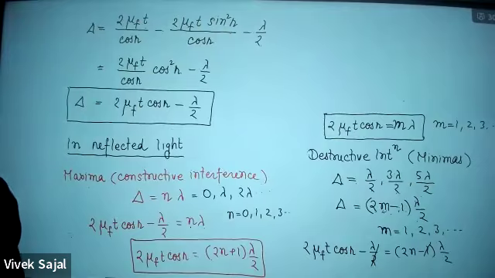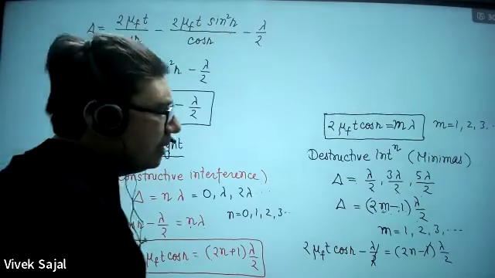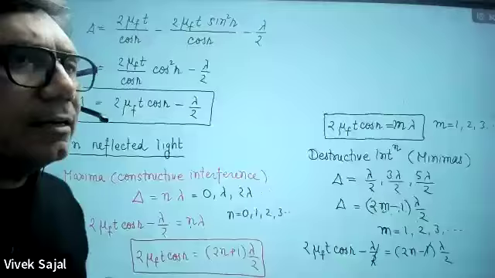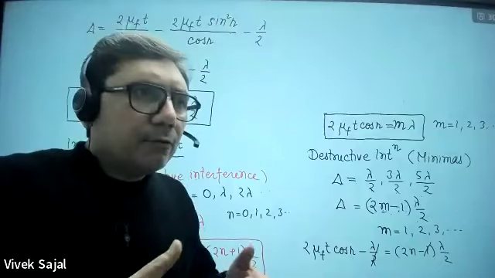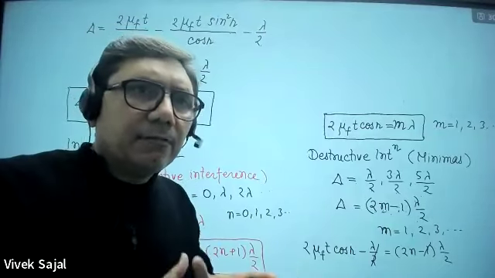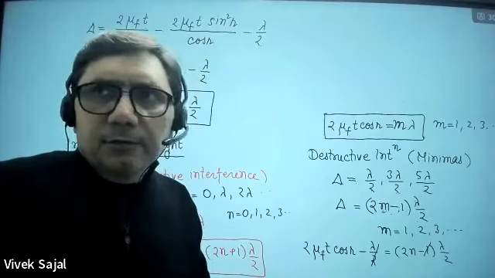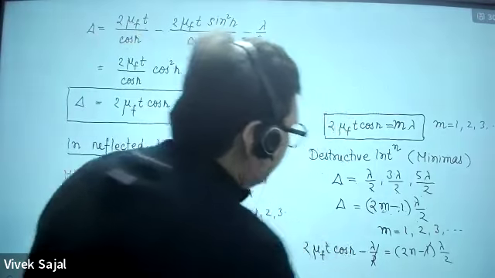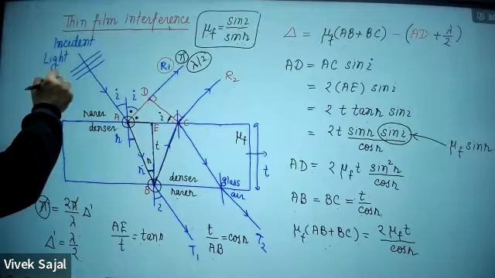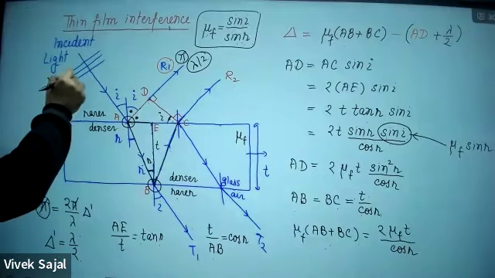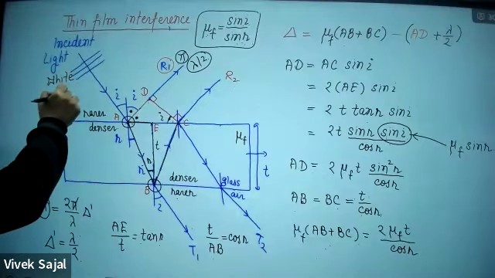So in this way. Now, one more thing here that is important. What we are getting here are colored fringes in the reflected light due to constructive interference. When do you get these colored fringes? If the incident light is white light. So when white light is incident on a thin film, then in the reflected light due to constructive interference, you are going to get the colored fringes.